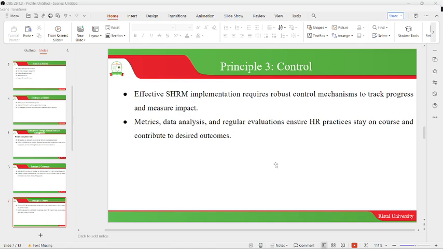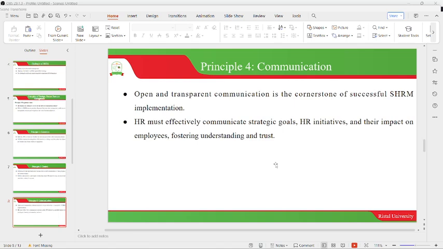And performance appraisal or the evaluation is very important because the employees will work extra hard to make sure that they are not underrated when their performance is being evaluated. So these are some of the principles you need to look at, and principle number three, which is the control.